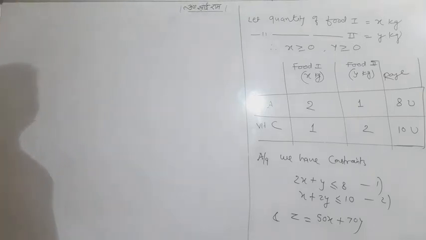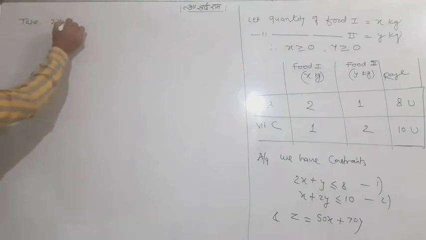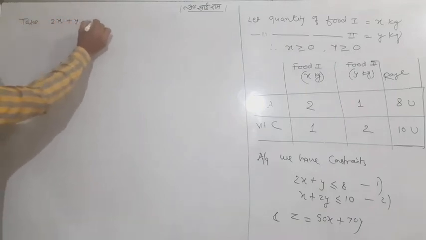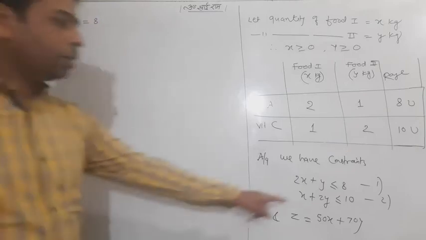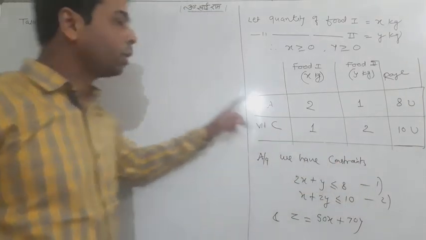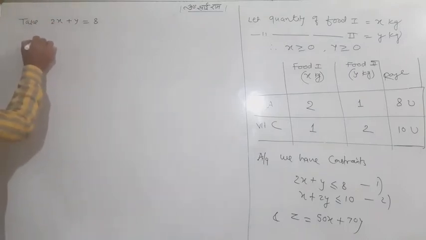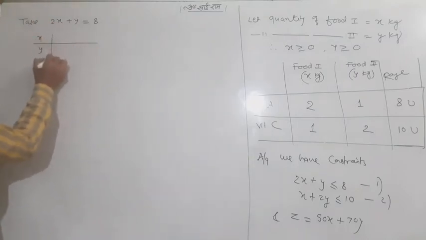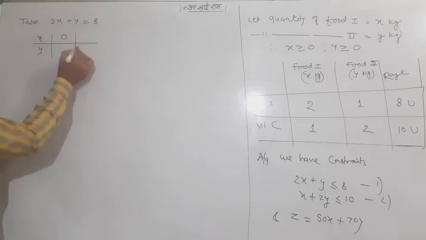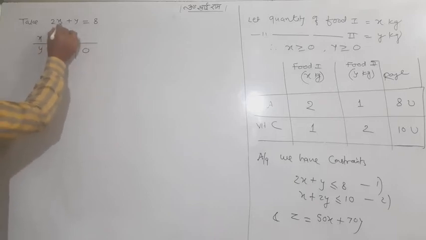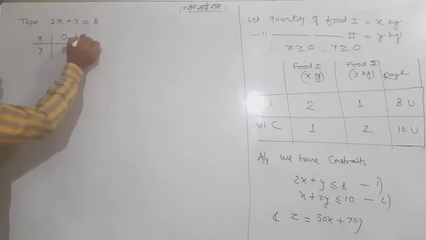Okay, now I'll start my answer. First I'll take 2x plus 1y equal to 8. So I have chosen this equation. Then as usual, you know it, for x and y you will make a table. So x equal to 0 gives y equal to 8, and y equal to 0 gives x equal to 4.